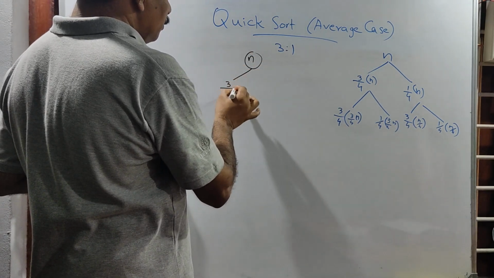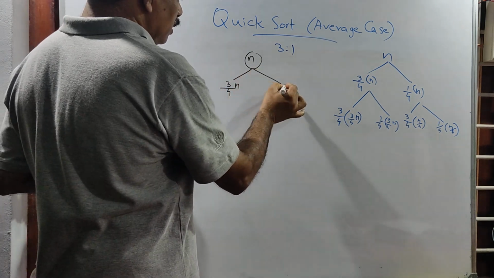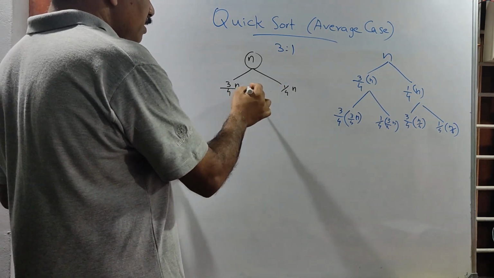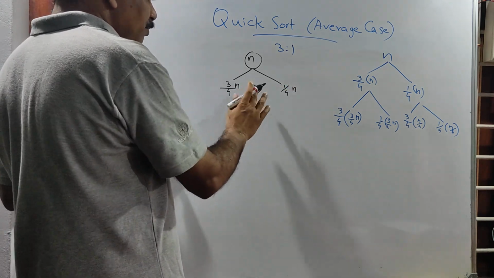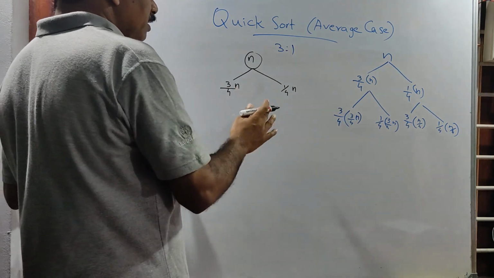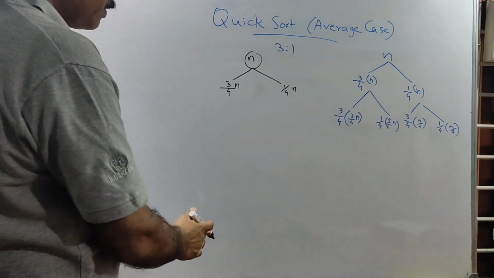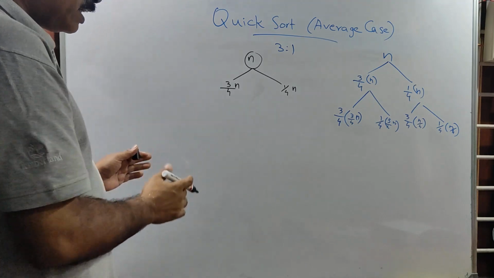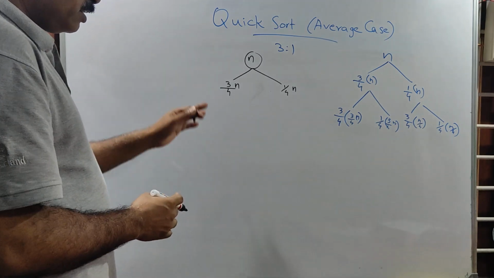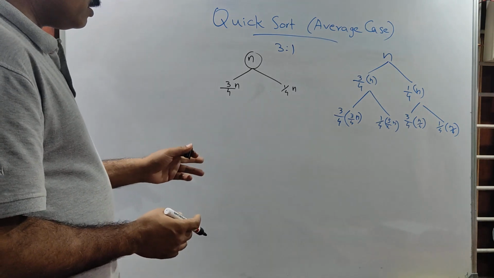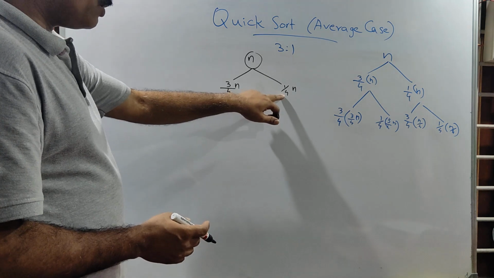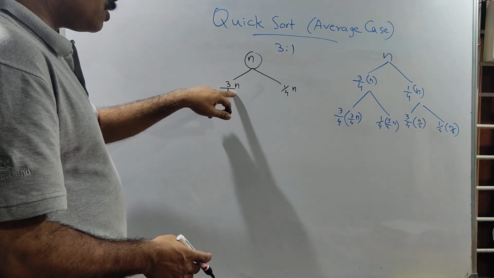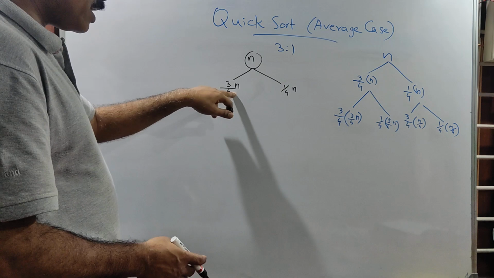The number of elements on this branch is greater than the number of elements on this branch, and finally the problem size will become 1, an array with 1 element. So this branch will come to an end very fast because the number of elements is less compared to this branch. So this is the biggest branch.